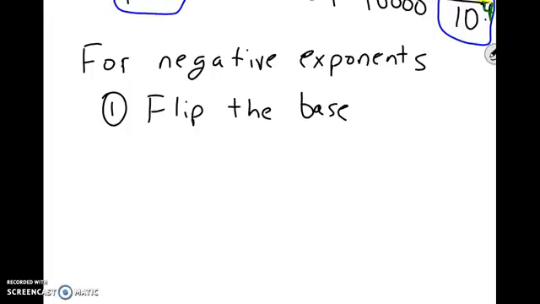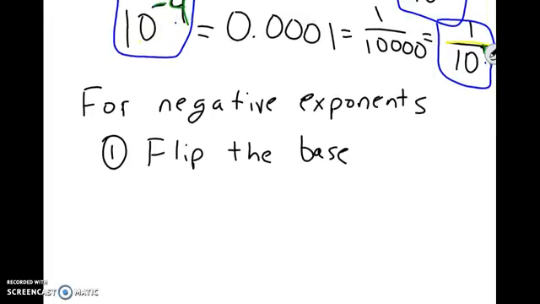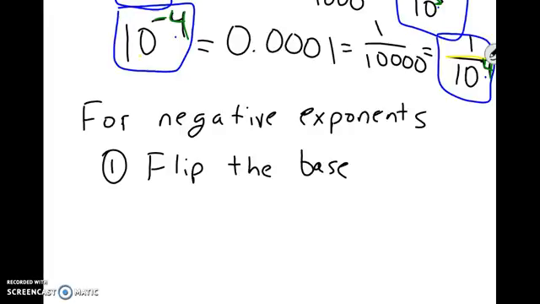We're going to flip the base. Up here we had 10 not in a fraction. 10 was not in a fraction. Here, it's now in the bottom of a fraction. So we flip that base.